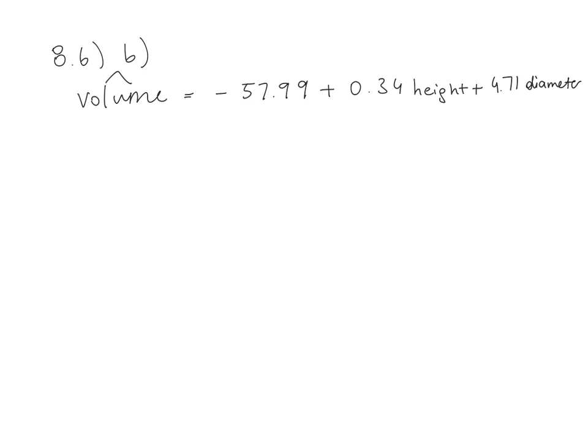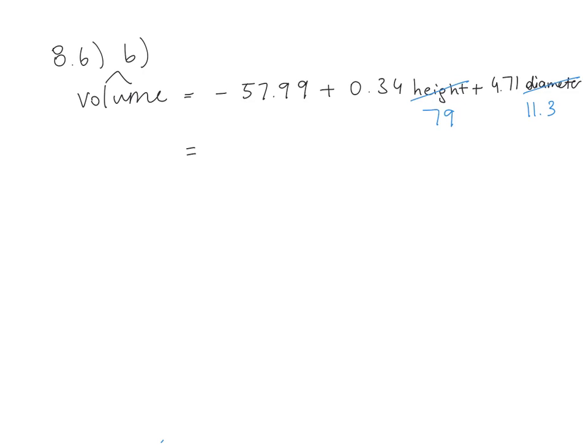Because what we are trying to figure out is the predicted volume of this tree. So I would plug in its height, which is 0.34, and I would plug in its, whoops, sorry, that's not true. That's the slope. Its height is 79 feet, and its diameter is 11.3 inches. And based on this, I would figure out its predicted volume. So that's just a simple calculation question.